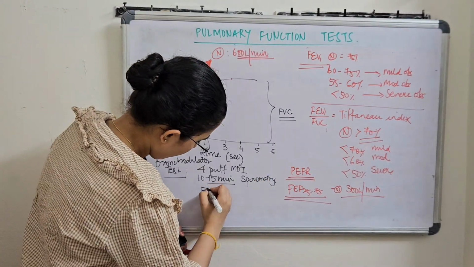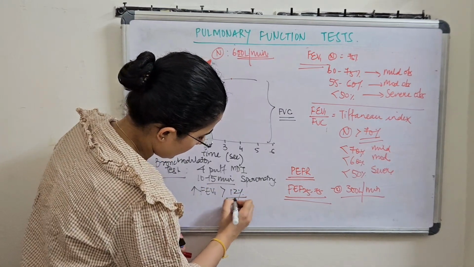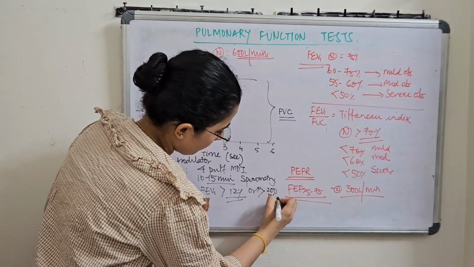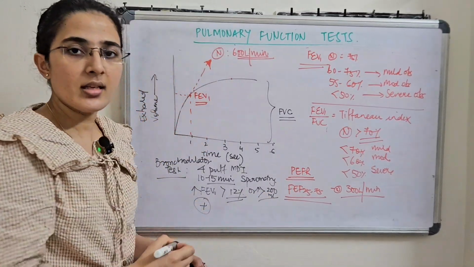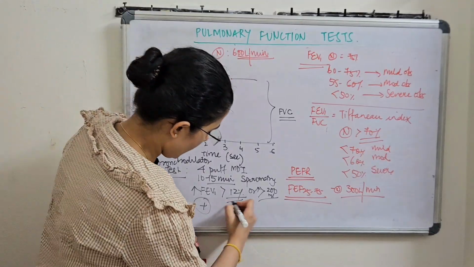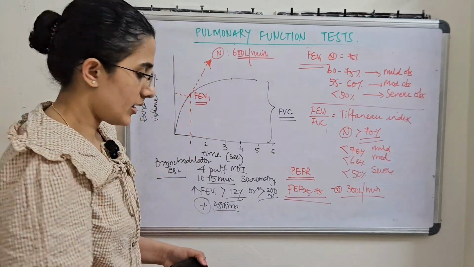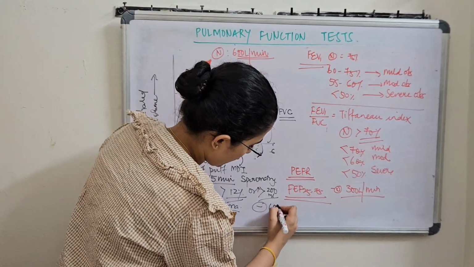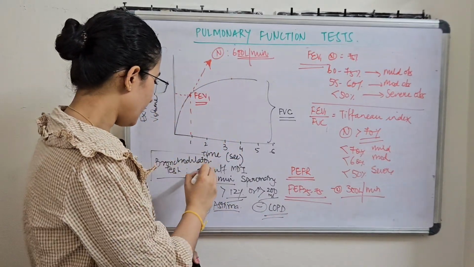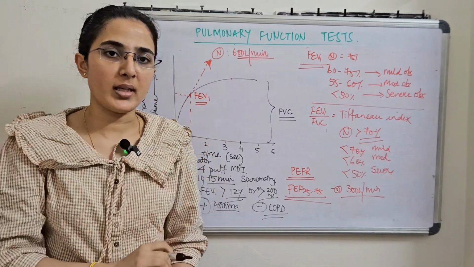If the FEV1 increases by more than 12% or by more than 200 ml, then it is a positive test, which can be due to asthma. If it is negative, then it may be because of COPD. So this tells us about the effectiveness of a bronchodilator on the patient's airway.